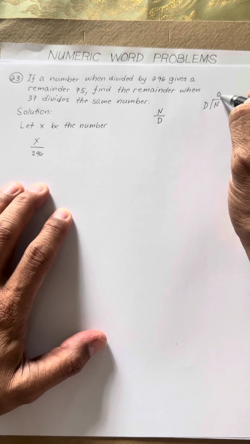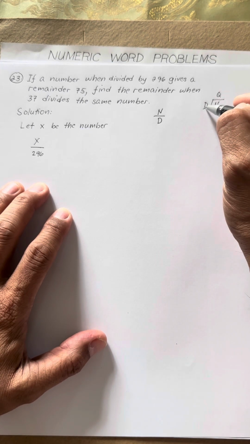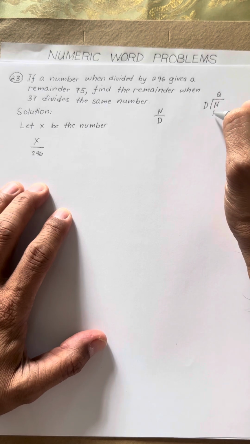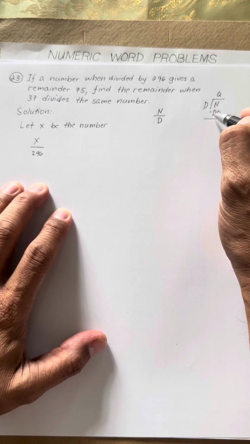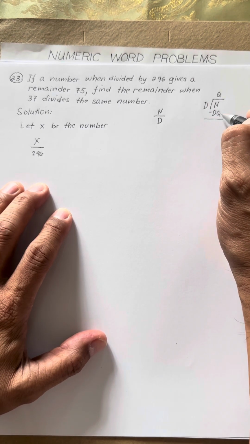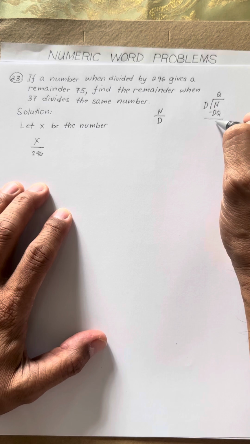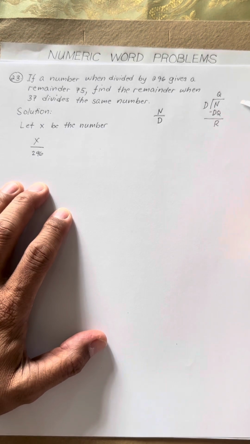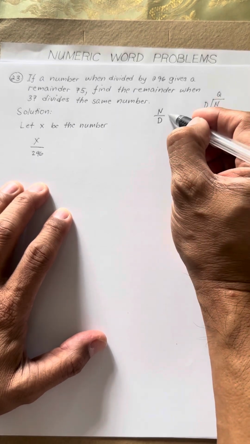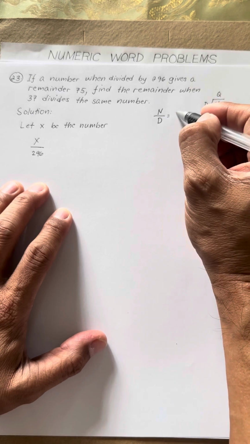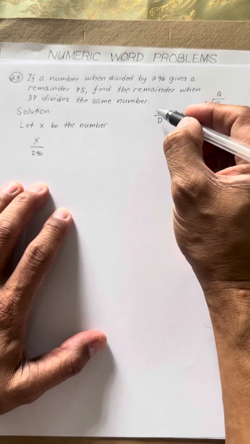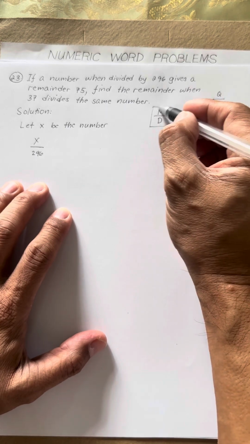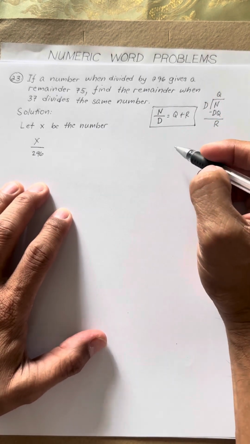Then q multiplied by d, dq. Then you subtract the product of d and q, and it will give you the remainder. So our answer for this one will be in the form of quotient plus the remainder. So remember this. This is very important.